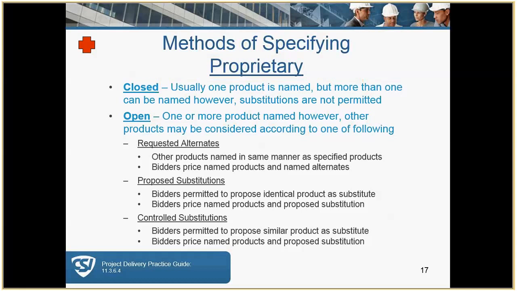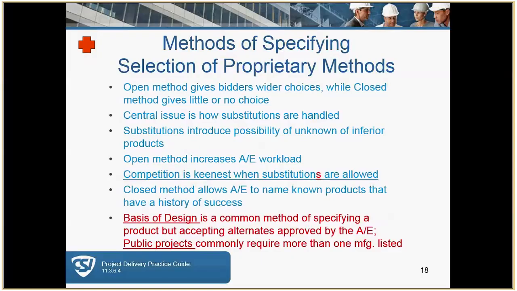In this selection of a proprietary method, open specs will require more work on the part of the A/E. However, competition is keenest when substitutions are allowed. Using the basis of design product listing is the common method for listing a single source product.